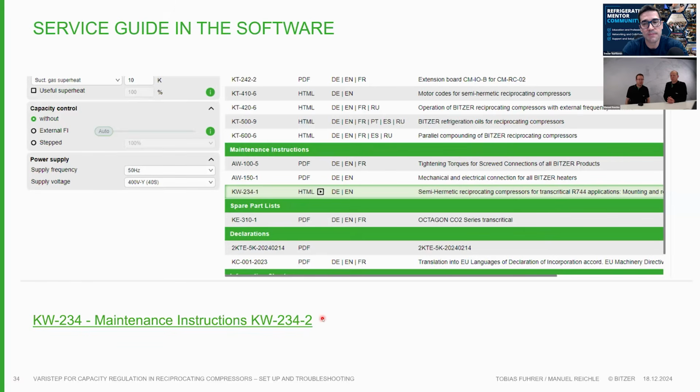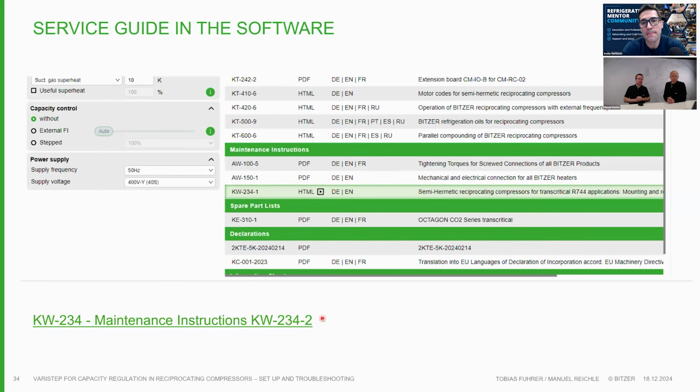Measure both offloaded, and then you can also check your suction and high pressure, put the values into the software, and calculate the 50% values as well. This way you know that mechanically the capacity regulation is working.